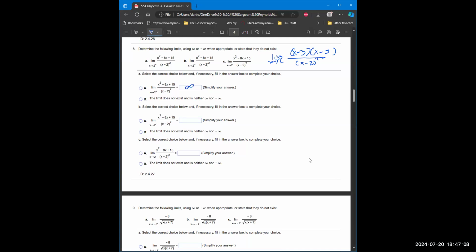As I come from the left, this is negative, negative, positive, but that's still positive. And because it's positive infinity from both sides, this is positive infinity there.